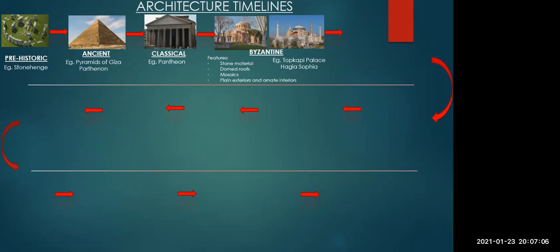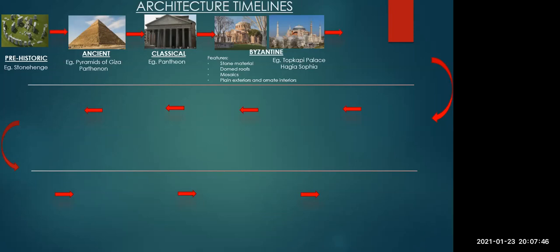The features of this building were that the material used was stone, which was readily available in this area. Another major feature of this type of building was domed roofs. The interiors had mosaics and were very ornate. If anyone has been to Hagia Sophia, you would see they have wall paintings.